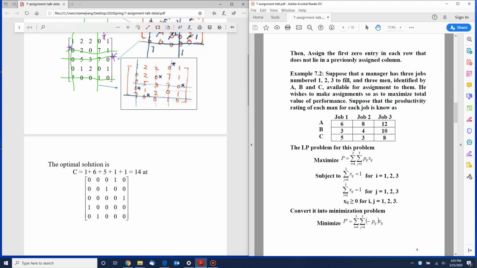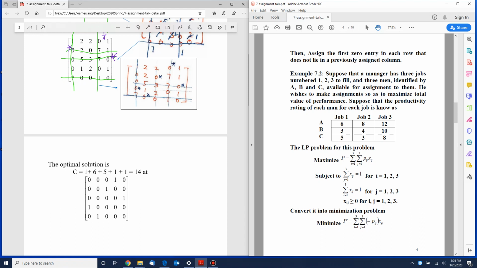In this one, we have a manager who has 3 jobs for 3 persons to fill. We denote the jobs as job 1, job 2, job 3, and these 3 persons as A, B, C. Now he knows each person's rate for each of the jobs. Person A: job 1 is 6, job 2 is 8, job 3 is 12, very good at job 3.